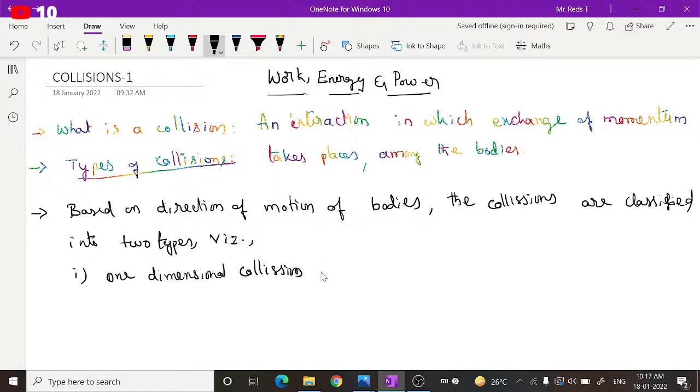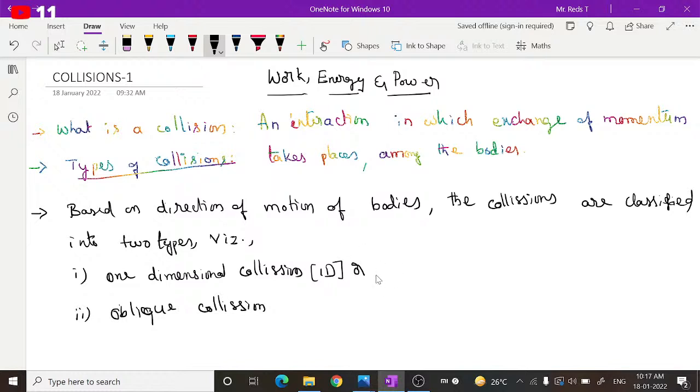One dimensional collision can also be called 1D collision. The other one is oblique collision. Here, the one dimensional collision can also be called a head-on collision.